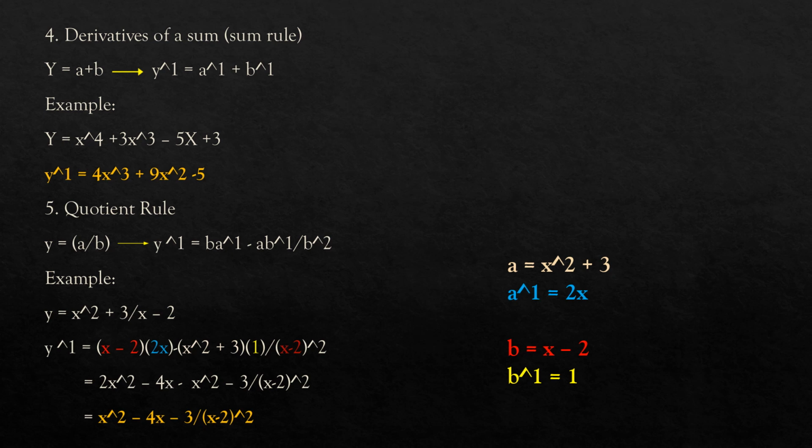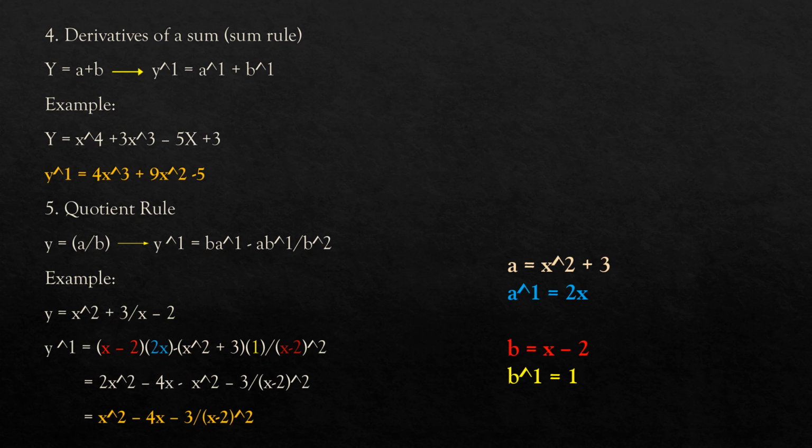And then simplify: x times 2x is 2x squared, negative 2 times 2x is negative 4x, minus x squared times 1 is negative x squared, then negative times positive 3 will be negative 3, over x minus 2 squared.